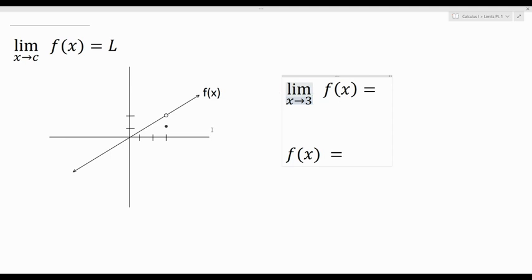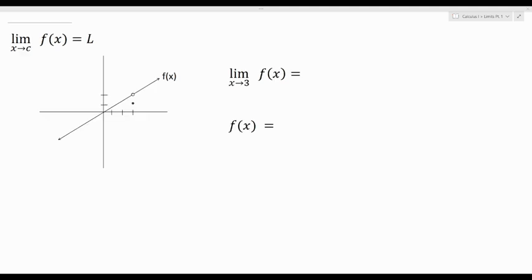Right? And the question really is what's happening as x is approaching 3? Well, if x is approaching 3 from the left, or x is approaching 3 from the right, we're moving along this curve. Right? X approaches 3 from the left. The y values in both cases are getting closer and closer to 2. So let's take a look at that again.